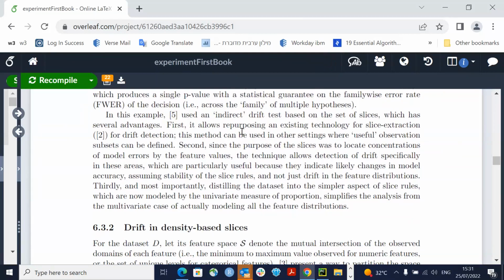So if the slices grow, maybe there are more errors. Or if the slices change, either grow or shrink, then that might be just a general distribution change, not necessarily connected with the classifier being better or worse, but just an arbitrary distribution change.